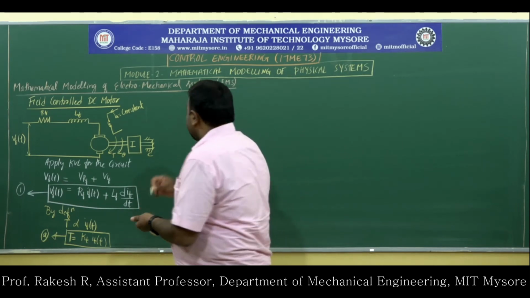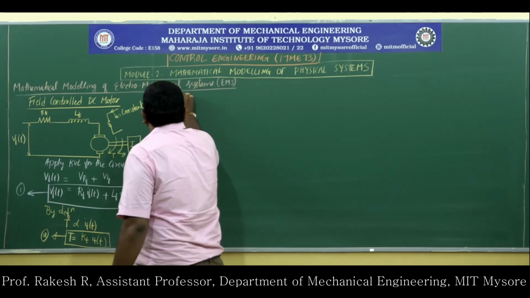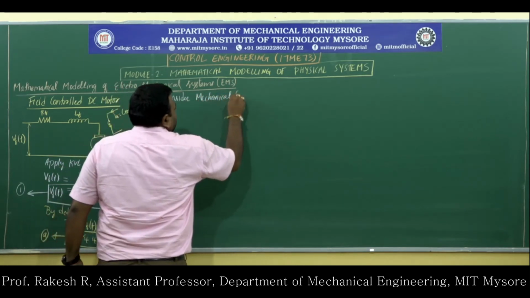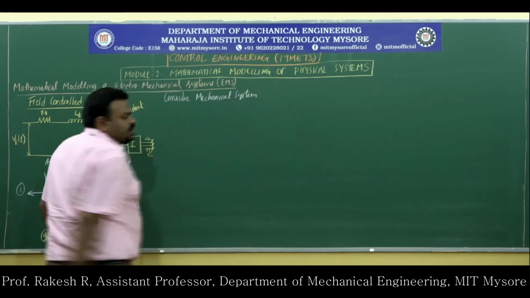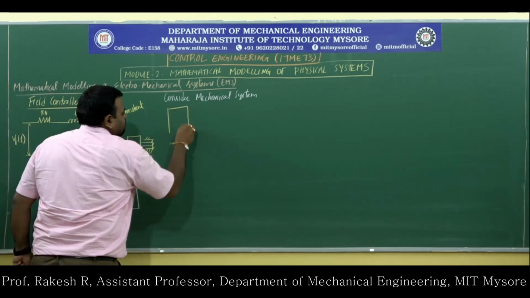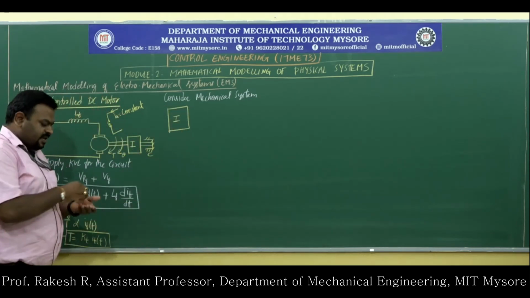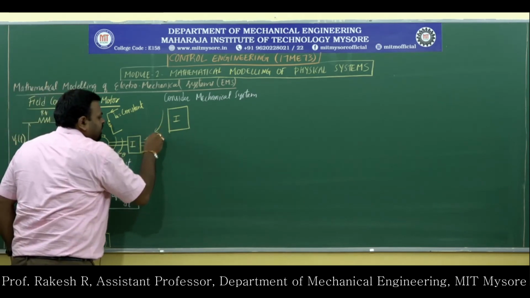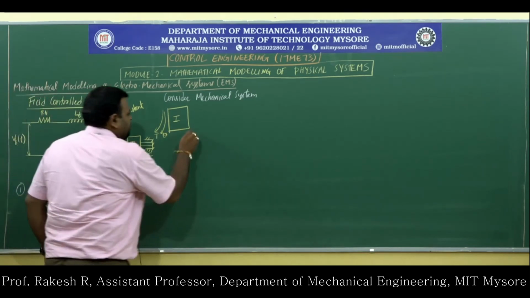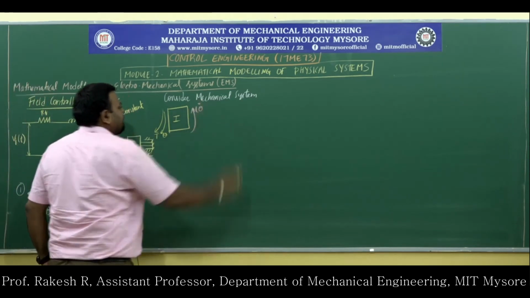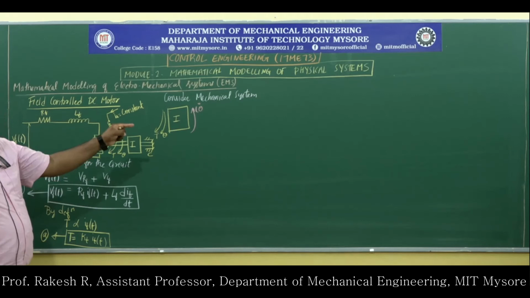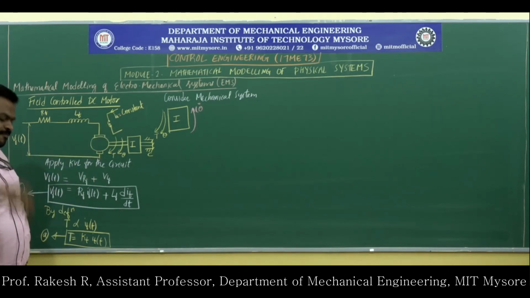Then I will consider the mechanical system. So the mechanical system is this one. This is I, then torque T and theta. In order to restore this, we will be using damping torque, which is C theta dot. The damping torque will be acting in the opposite direction to the angular displacement.